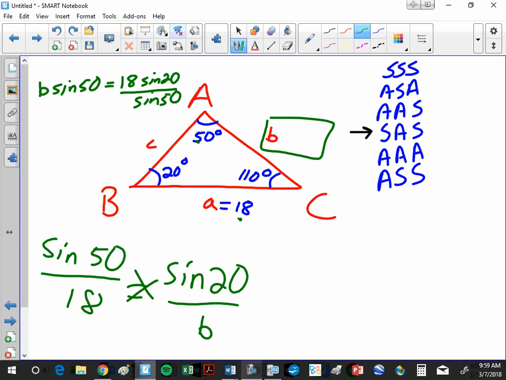Now, what do I expect b to equal? It's going to be less than 18. How come? Ooh, there's no hypotenuse here. Right. The 18 and the 50 correspond, and the 20 and the b correspond.